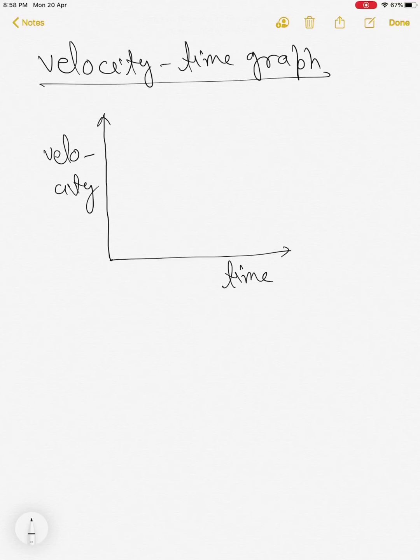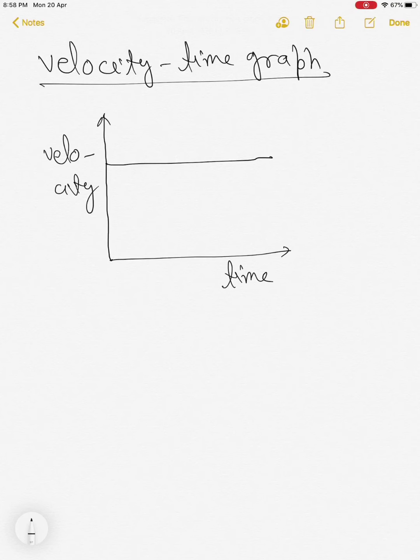If a velocity time graph is parallel to the time axis, then it is uniform motion. And the slope of a velocity time graph gives acceleration.